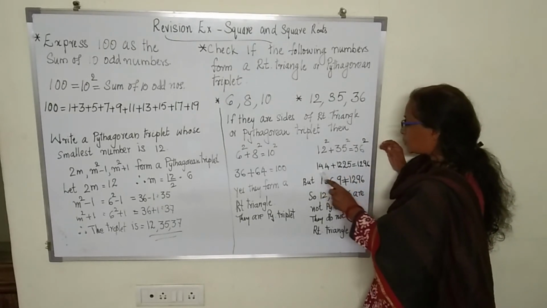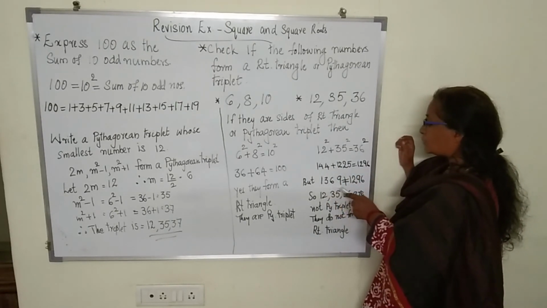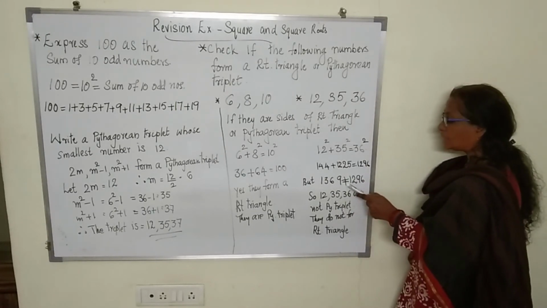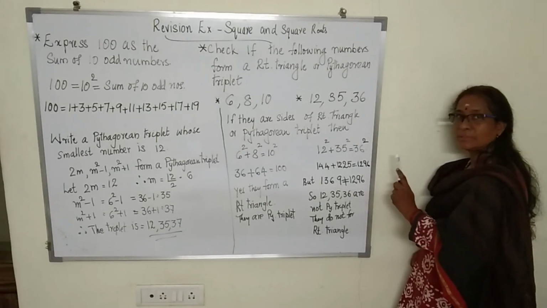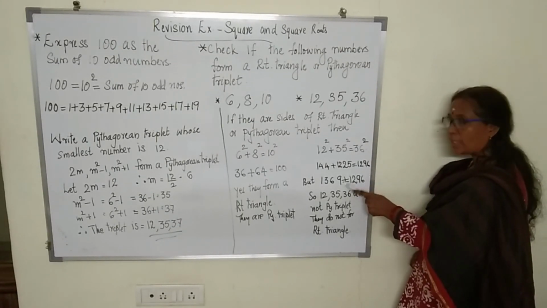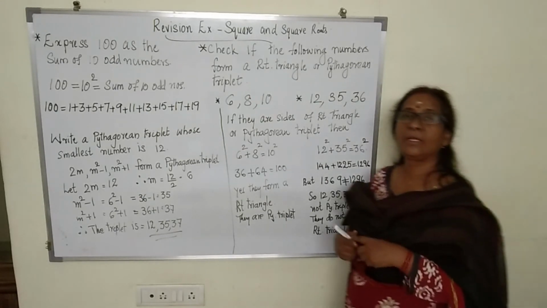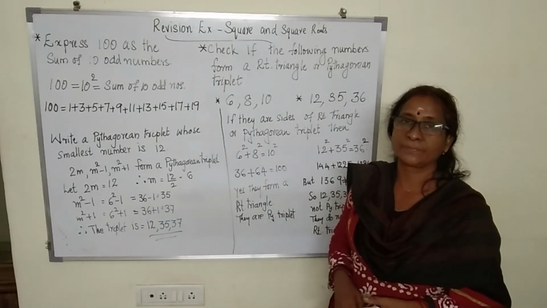But when we add these two, what did I get? 1369. And here what is the number? 1296. So are they equal? No, they are not equal. If they are not equal, they will not form a right triangle or a Pythagorean triplet.